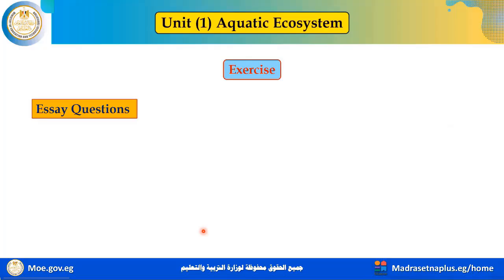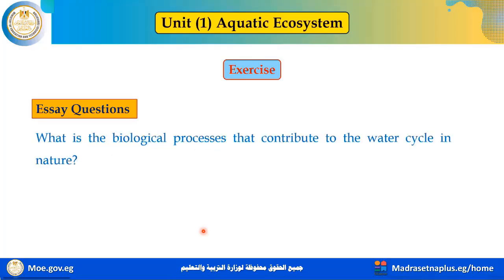Now, my dear students, let's go to essay questions. What are the biological processes that contribute to the water cycle in nature? Yes, try to think. I'm waiting for you. You have just 3 seconds. 1, 2, 3. Okay, good.